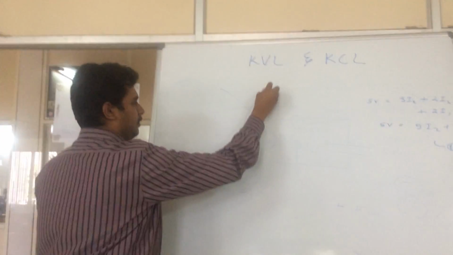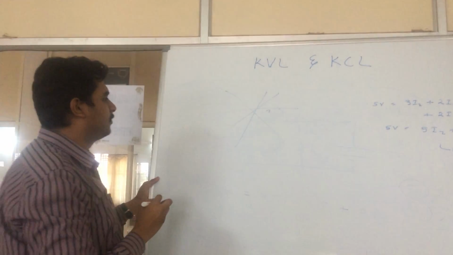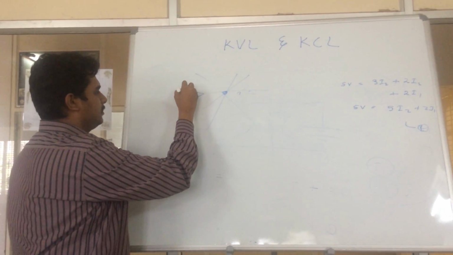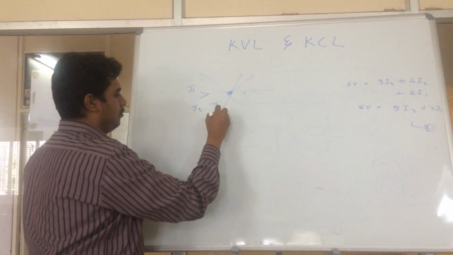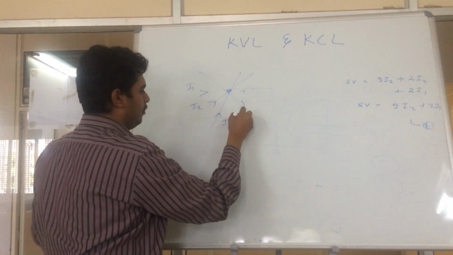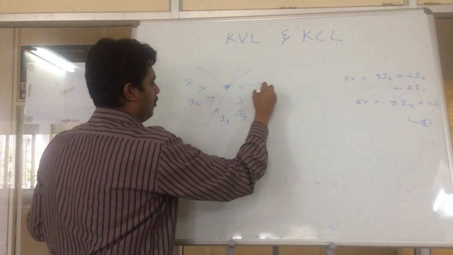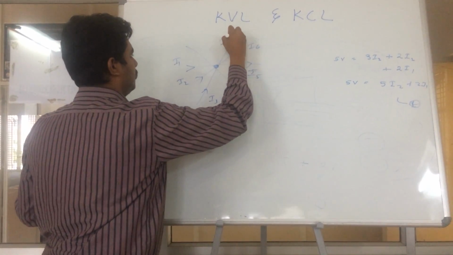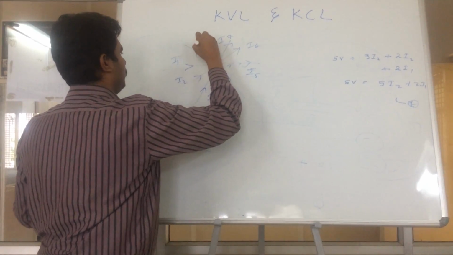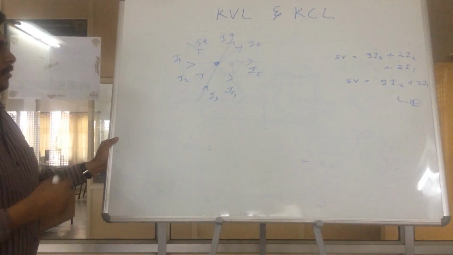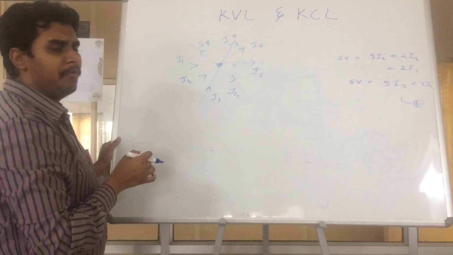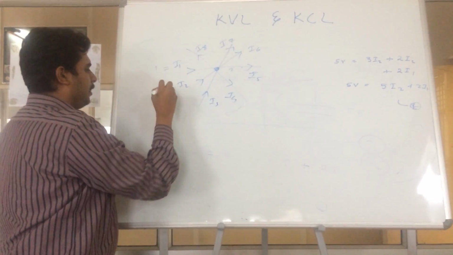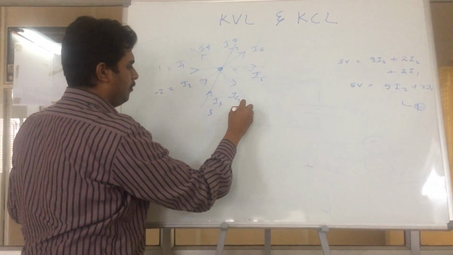Let's take a node, and let us take the currents I1, I2, I3, I4, I5, I6, I7 and I8. If you want, you can even put the values as well, so I'll give you the values: 1, minus 2, 3, 4.